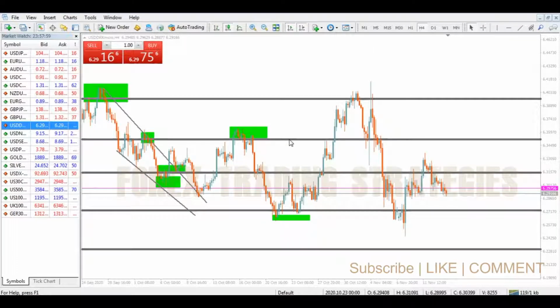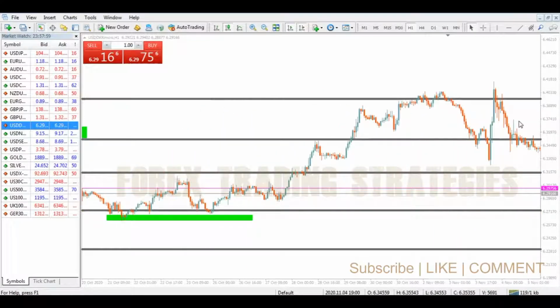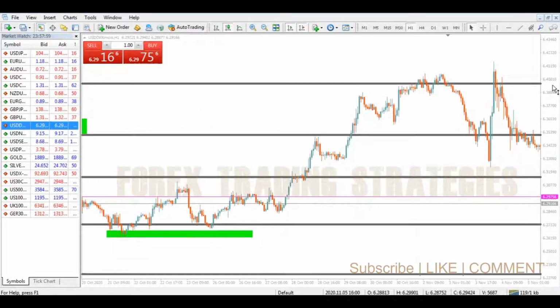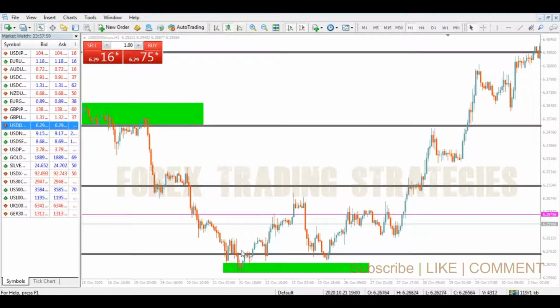So these are daily support and resistance lines, and these are 4-hourly candles. If you are looking maybe for a more refined approach, then you probably would drop down to the 1 hour. The hour is a popular time frame as well.